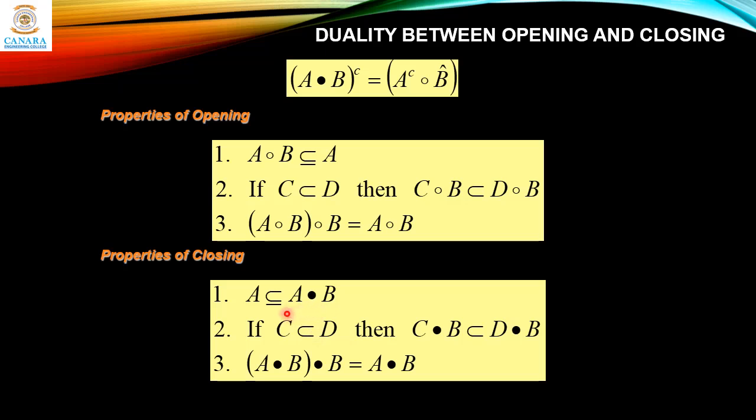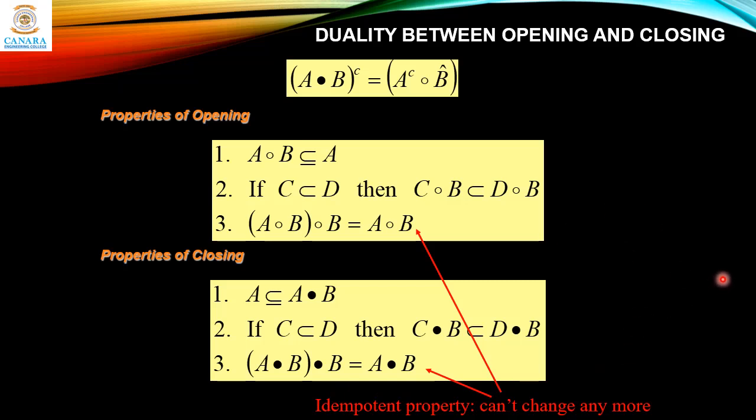First one, A is a subset of A closing B. Second one, if C is a proper subset of D, then C closing B is a proper subset of D closing B. Third one, A closing B whole closed by B is equivalent to just A closing B. So these are the properties and duality between opening and closing.